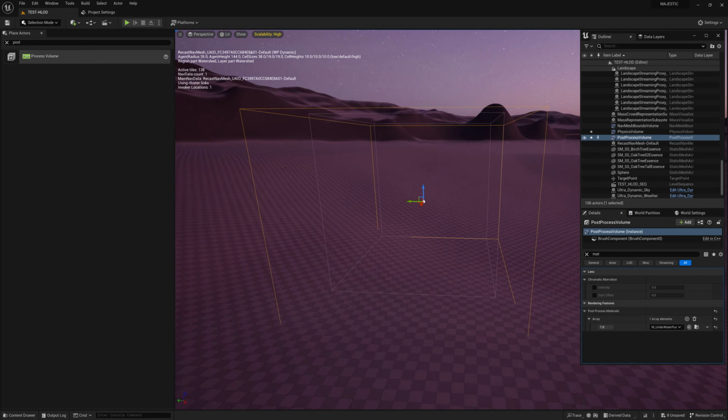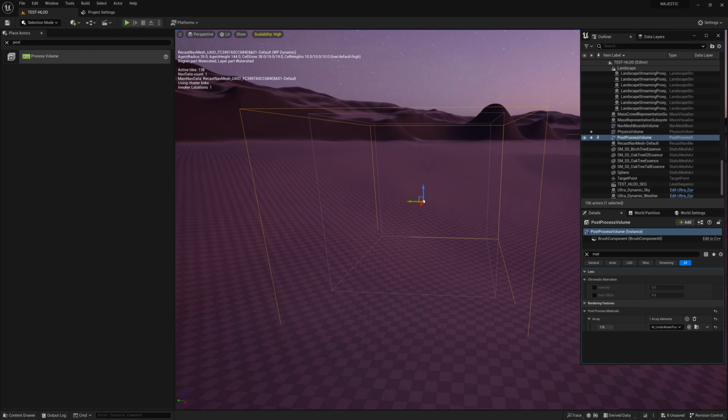If the character goes below the water surface, then the character enters the custom swimming mode, and if the camera goes below the water, the underwater effect will be put on the screen. It's all being done with line traces, and there's no physics volumes and no post-process volumes.